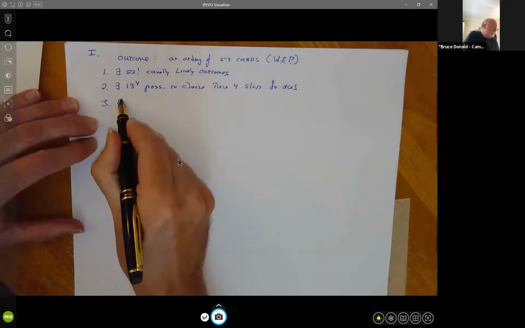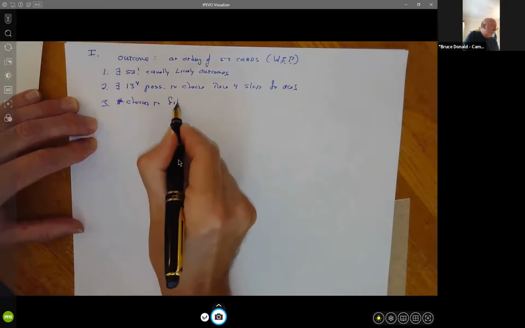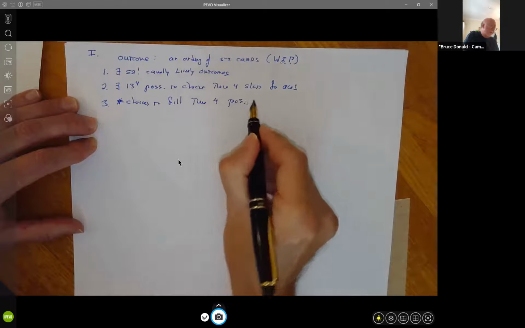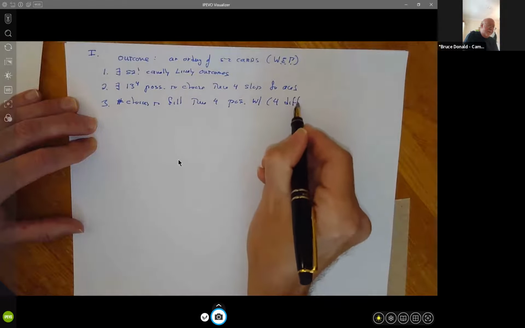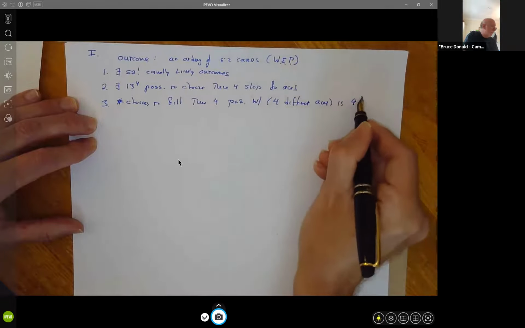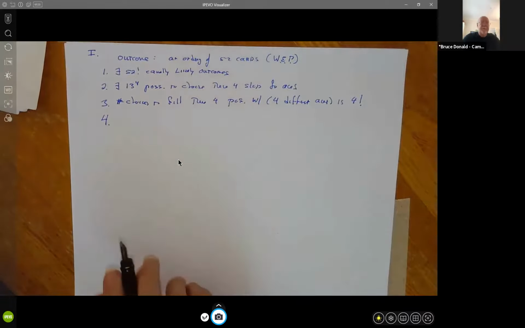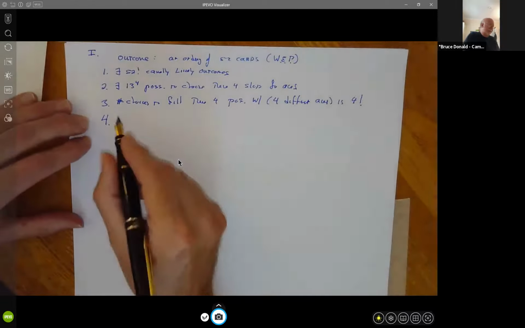So the number of choices to fill these 4 positions with 4 different aces is 4 factorial. Now, the other thing we have to do is treat all the other cards. There are lots of other cards that we haven't thought about. So we have to order the rest of the cards in 48 factorial different ways.